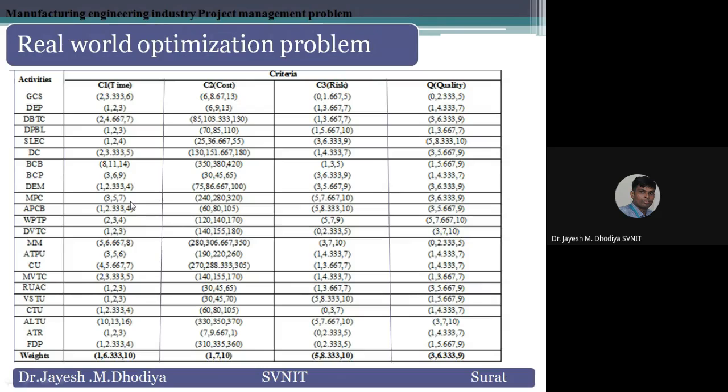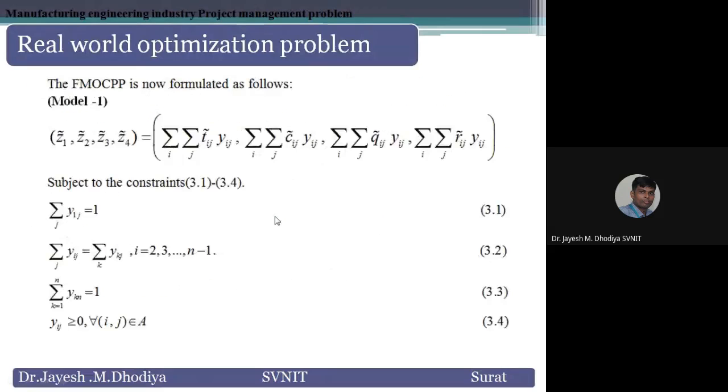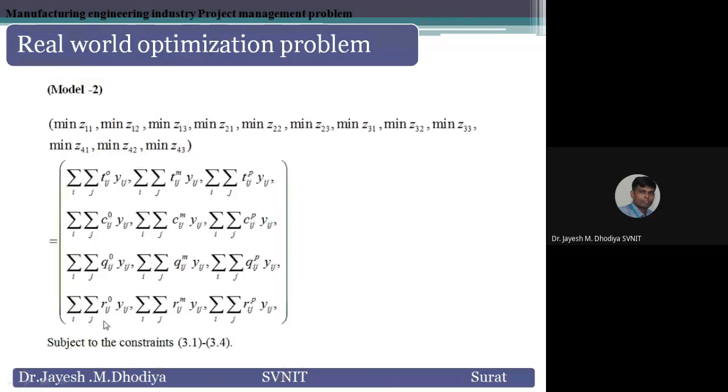And for that, here is the mathematical formulation using this network diagram. This is the time, this is the cost, this is the quality, and this is the risk that we want to optimize, and this is the constraint of the network. This is a fuzzy model.